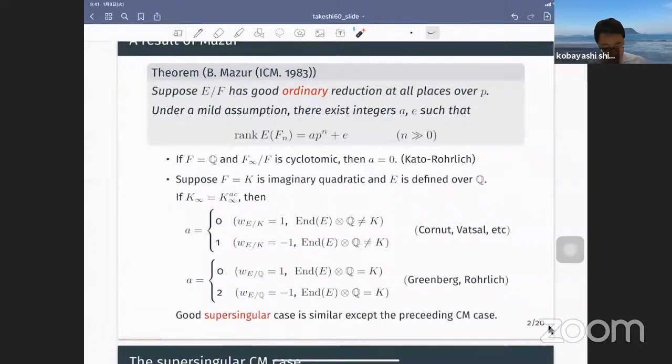In my talk, I talk about this exceptional case, the exceptional supersingular case.